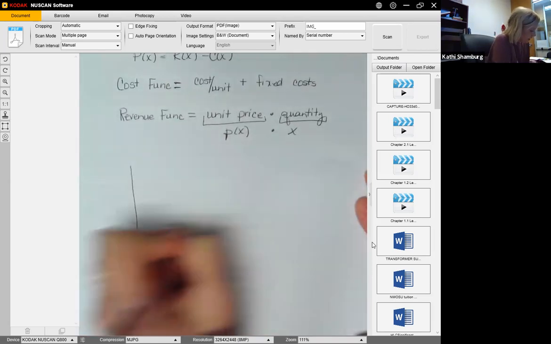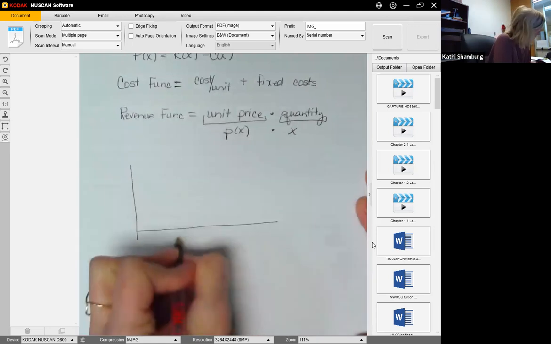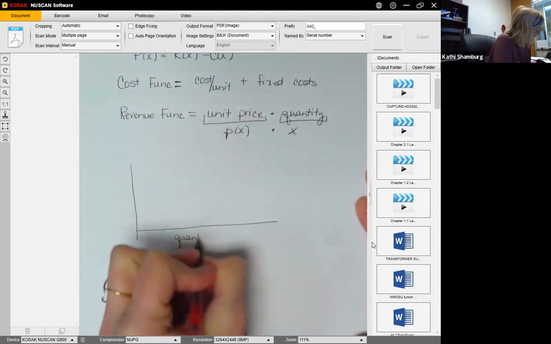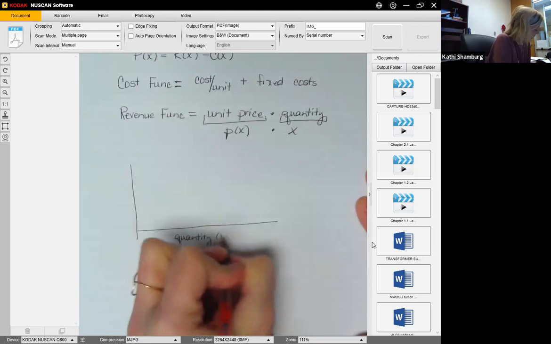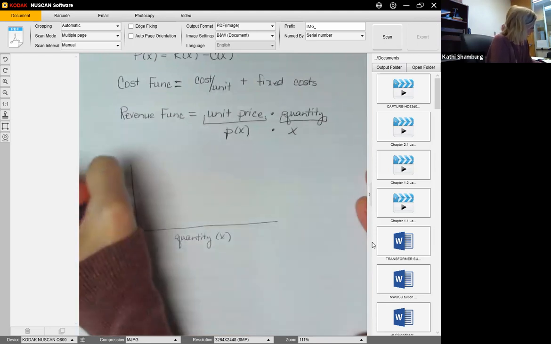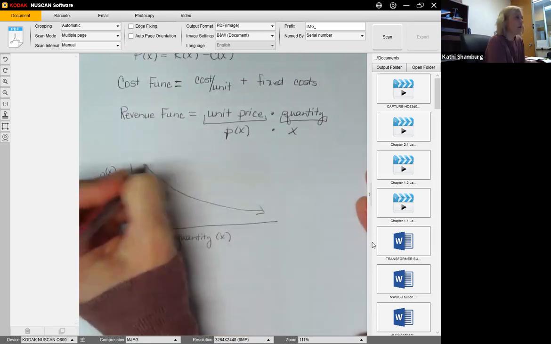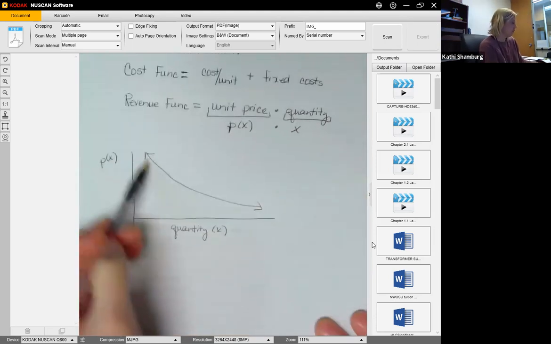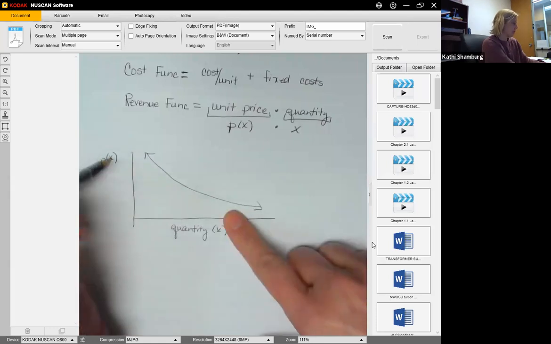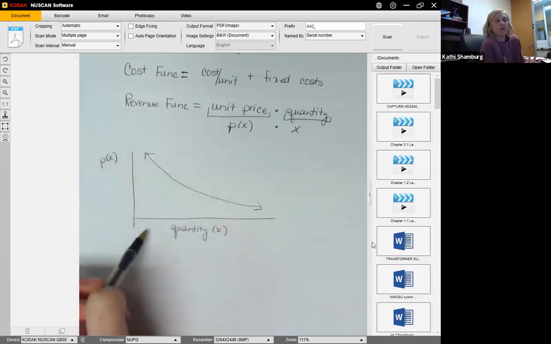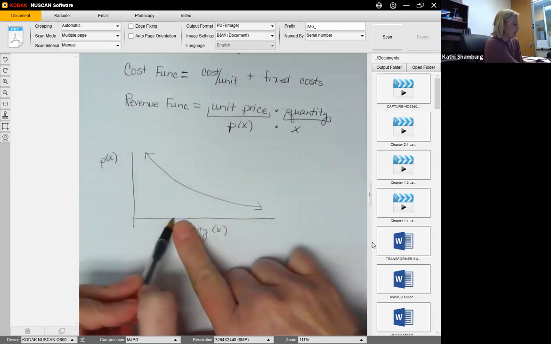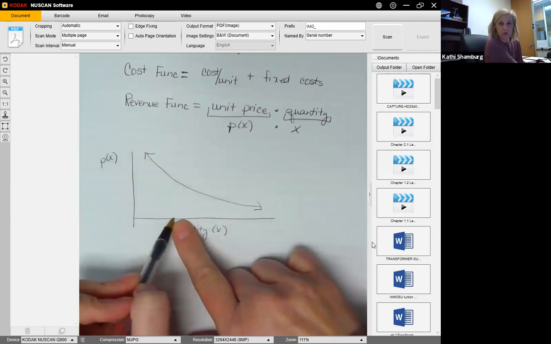Now, one thing that we know is your quantity is X, P of X is the price, and typically it will look like this, meaning the more that you buy, your price will go down. So if you've ever looked to a fundraiser and sell t-shirts, if you buy 10 t-shirts, they may charge you $15 per t-shirt.